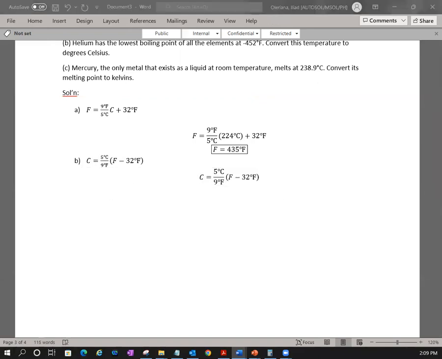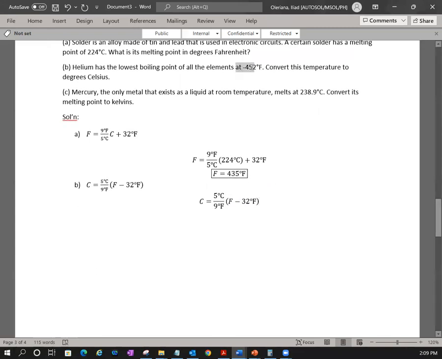Yan, para ipakita lang natin yung solution. Then, substitute natin sa F. Dito sa F na to, yung given na negative 452 degrees Fahrenheit. Diba? Yan, so it will look like this. C is equal to 5 over 9 times the quantity negative 452. Then, pwede natin itong i-compute na.